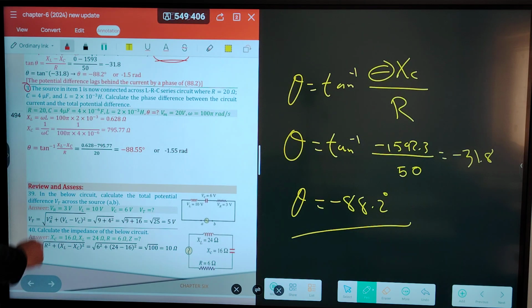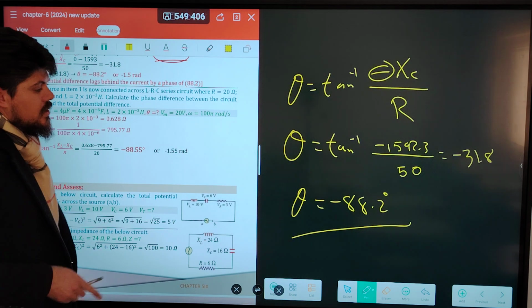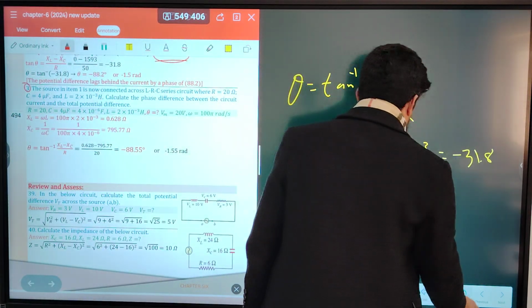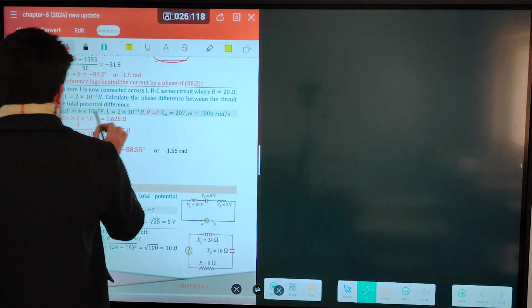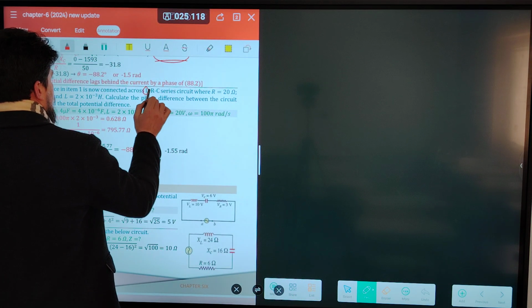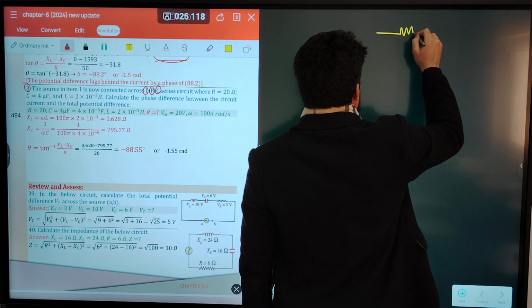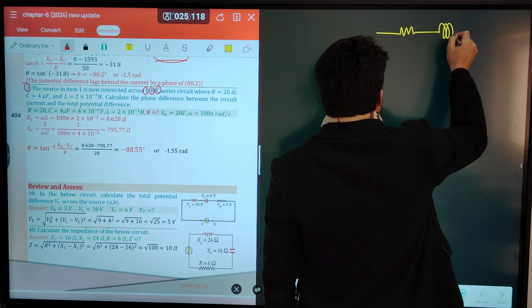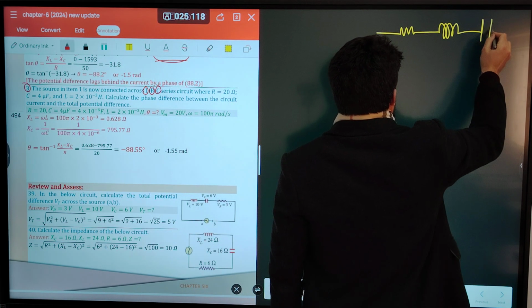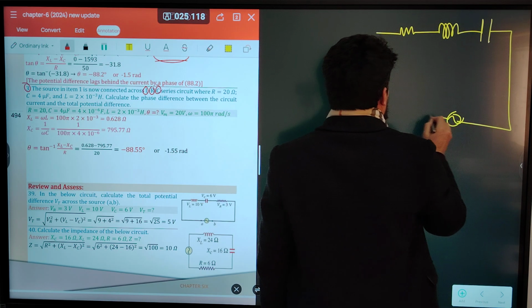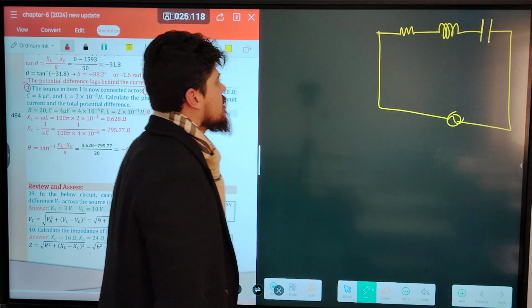Question 3, the source in item 1. Question 3 is also related to question 1. Now it is connected across an inductance, resistance, capacitance series circuit. We have all of them, resistance, inductance, capacitance, connected in series to an AC circuit.